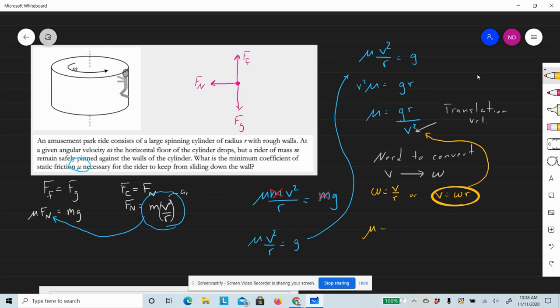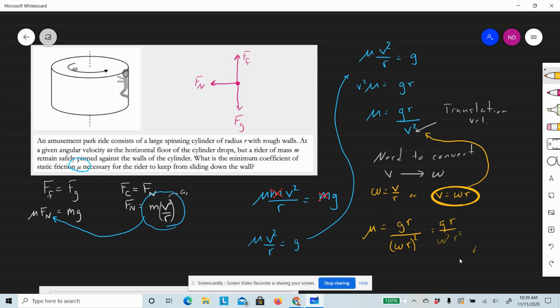And we get mu equals gr divided by omega times r squared, which would be gr over omega squared r squared.